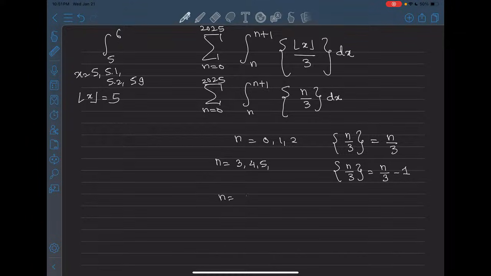Similarly, for n equals 6, 7, 8, the fractional part of n over 3 will be n over 3 minus 2. For 7 over 3, this is just 2 plus 1 over 3, so this is 2.333, and the fractional part will just be 0.333. So that's why I'm doing it.